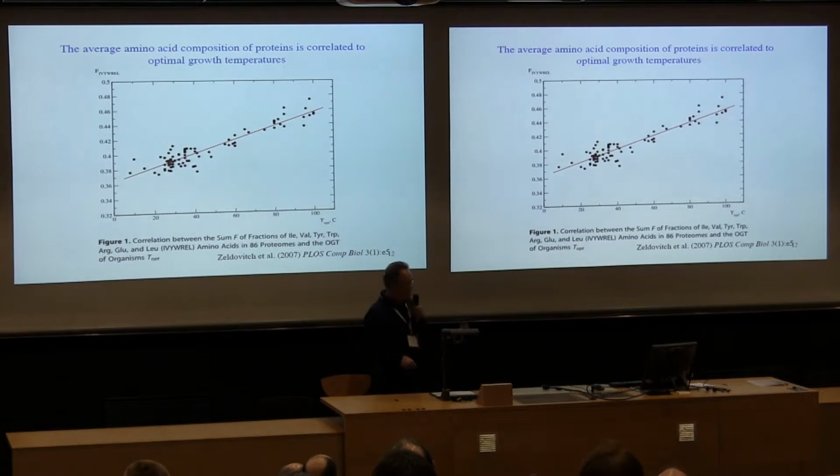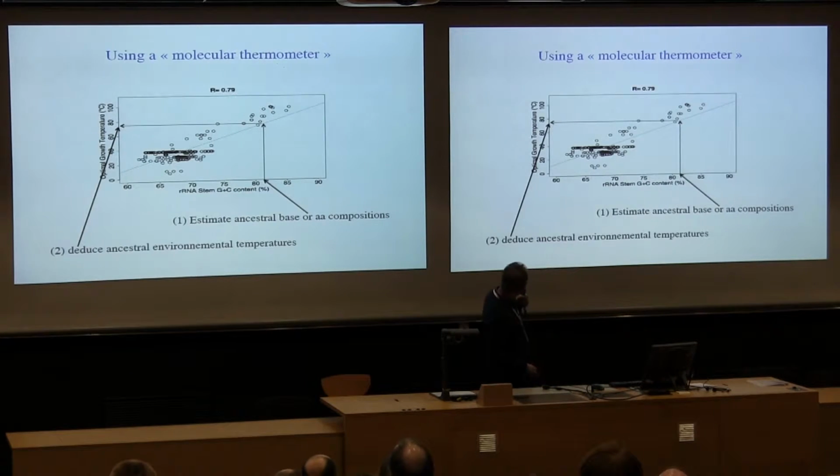And we see again a very clear correlation between amino acid composition of proteins and the temperature at which these organisms grow. Okay? And so this is my molecular thermometer.